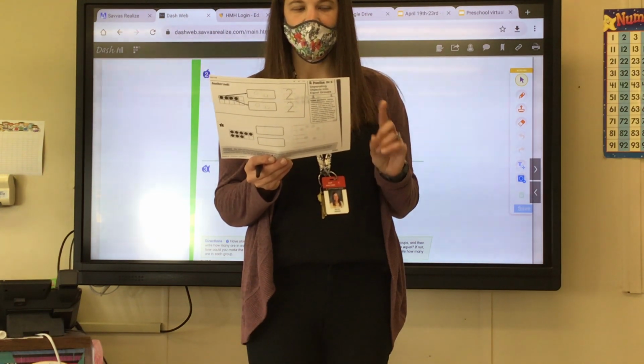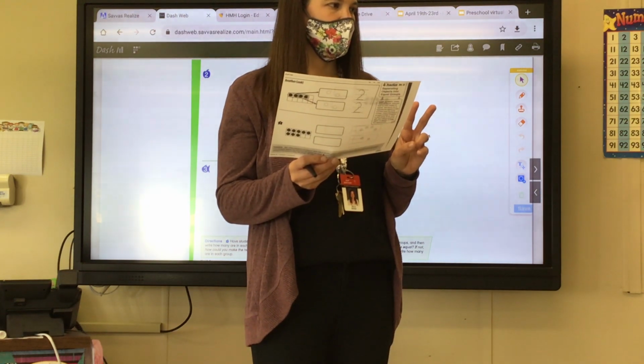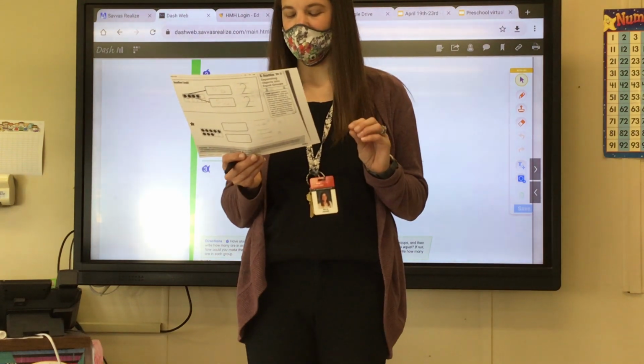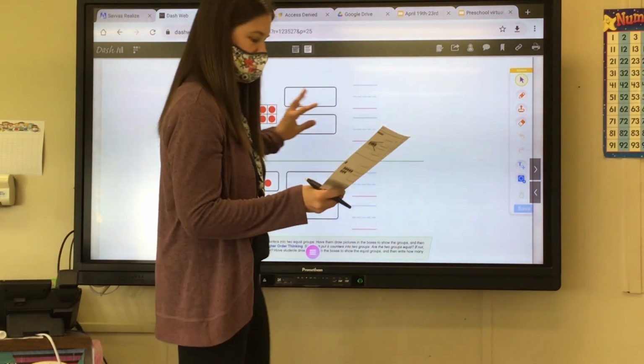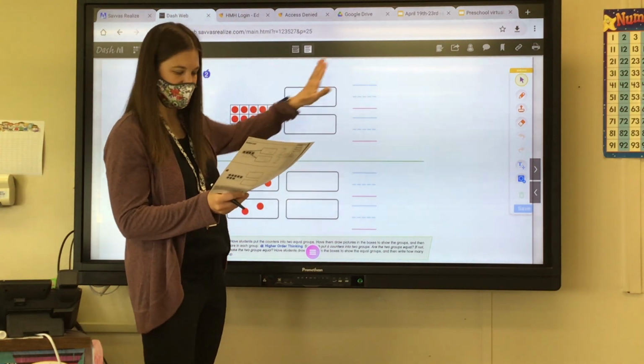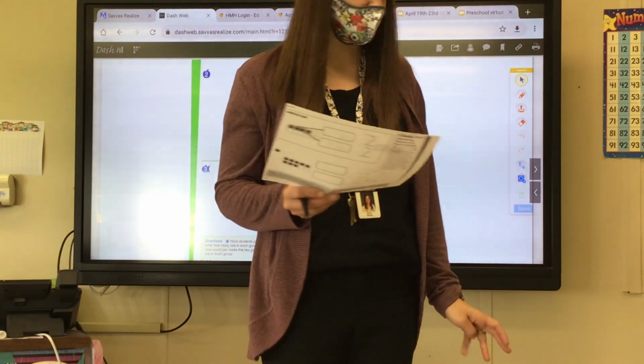Okay, number 2. Number 2, you're going to put the counters into 2 equal groups again. So draw your circles in the boxes to show the groups and write how many are in each group. Go ahead and get started on number 2.